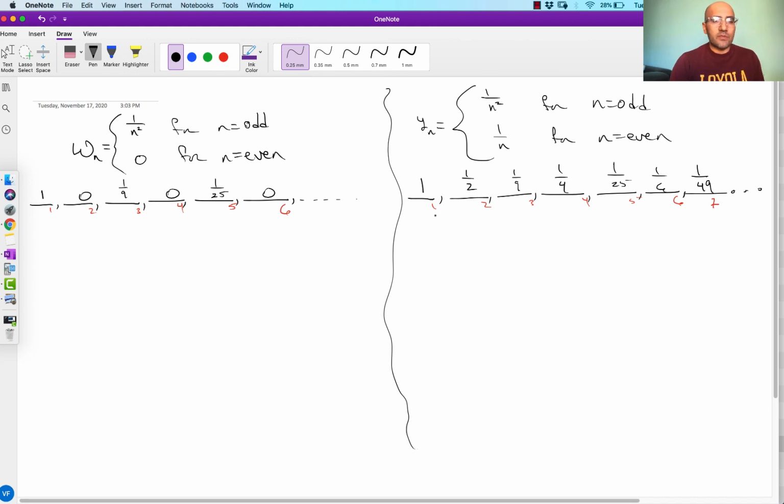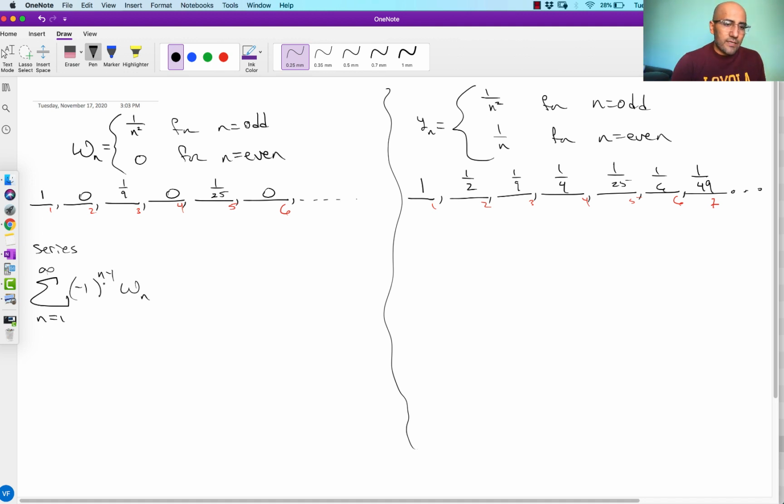Okay, so here are the two sequences. Now let's consider the series made up of these. So the series, as n goes from 1 to infinity, of -1 to the n-1 power times w sub n. Right, so now it's a summation. It's going to be adding these things but taking turns.